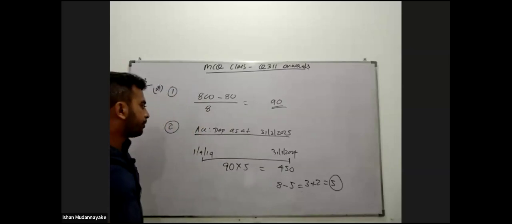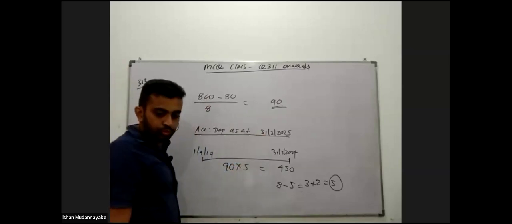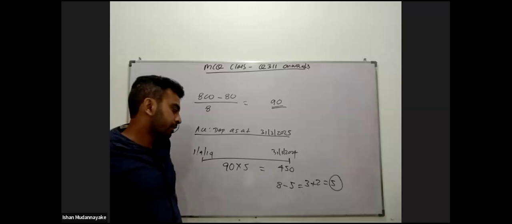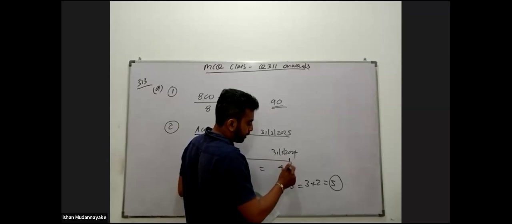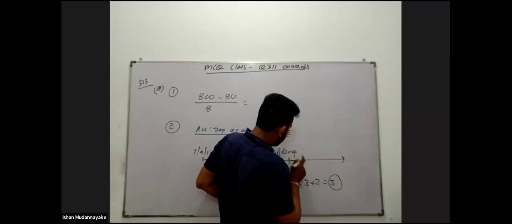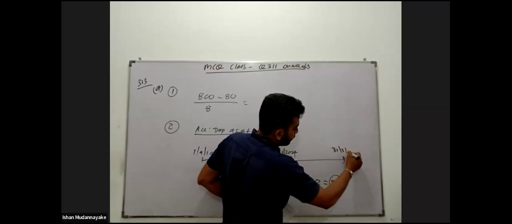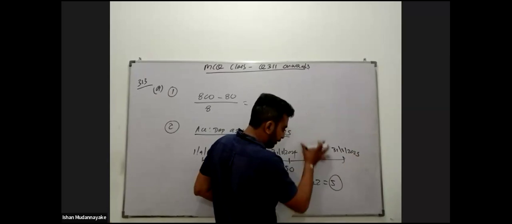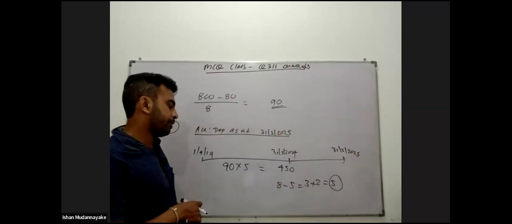Now, accumulated depreciation as at 31st March 25. Up to 31st March 24, total depreciation was 450. For the remaining financial year to 31st March 25, how much depreciation?